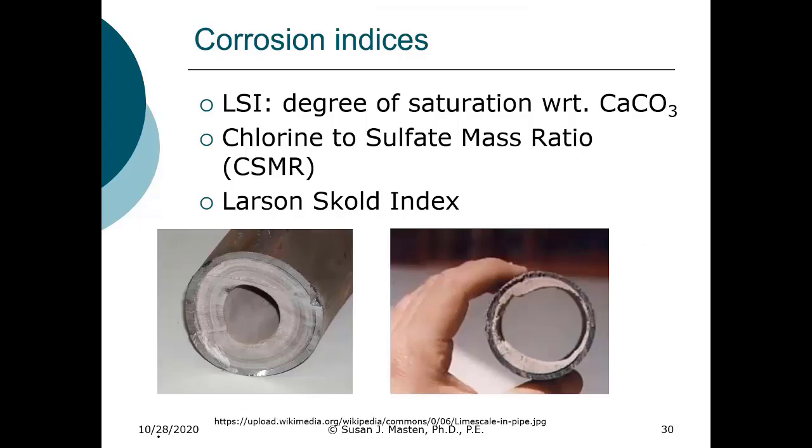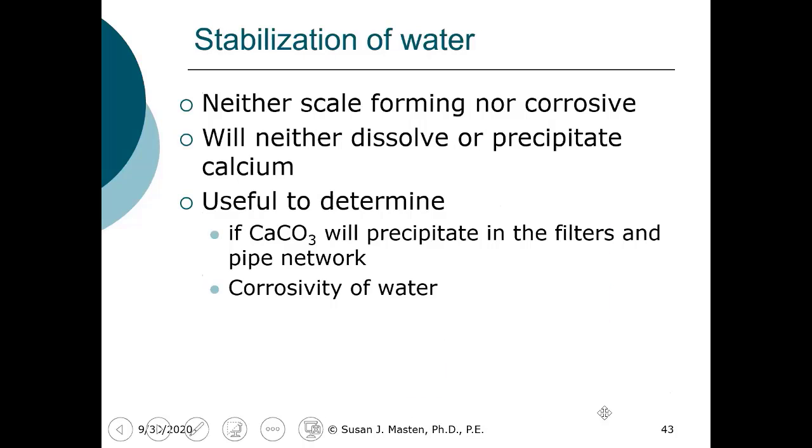We have a number of indices that we can use to try and assess the level of corrosion that might exist. LSI really is not a corrosion inhibitor. It assesses the degree of saturation with respect to calcium carbonate. So we want to produce water that is neither scale forming nor corrosive.